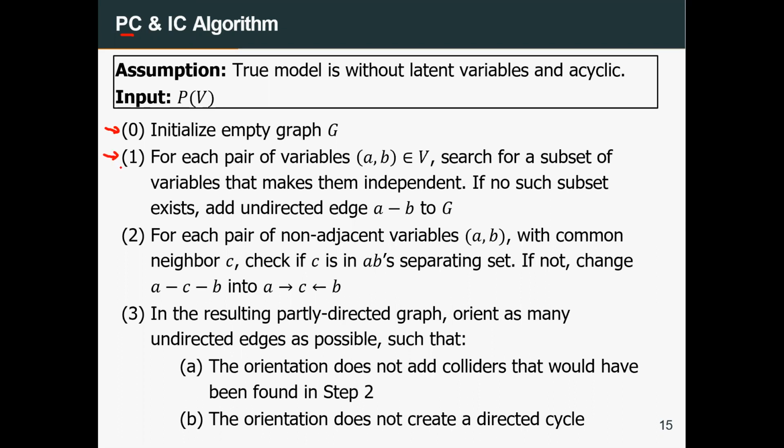The first step is going to be looking at which edges we can remove, or which edges have to be there, right? In our example, we started from the complete graph and started taking out edges.